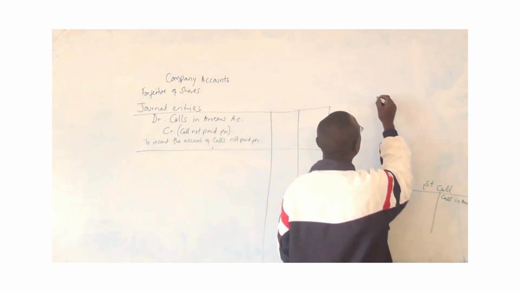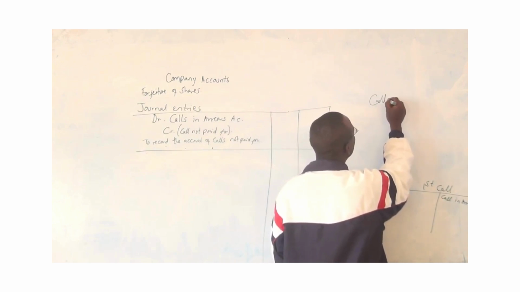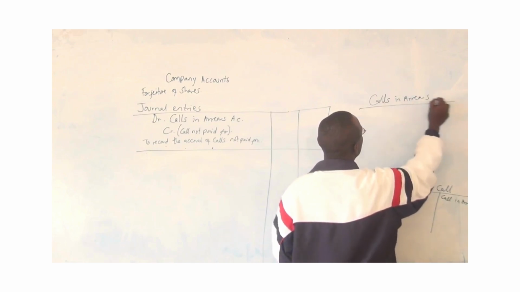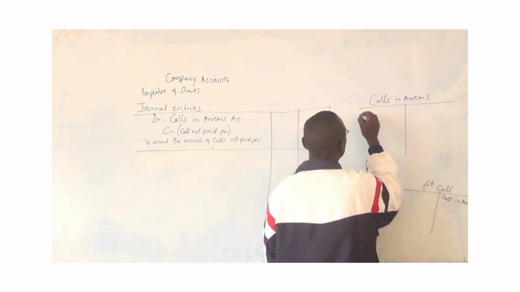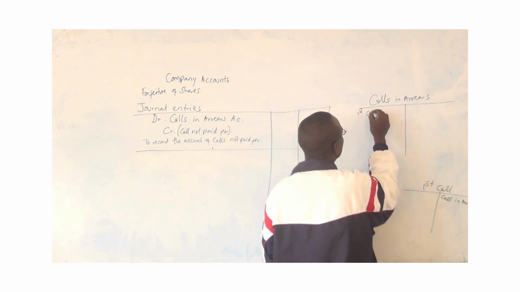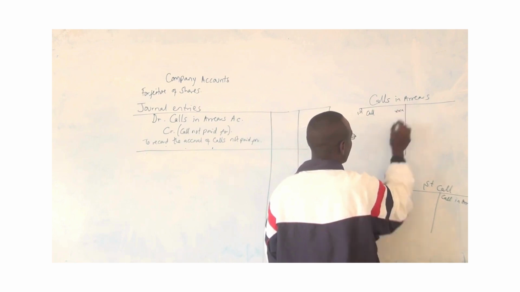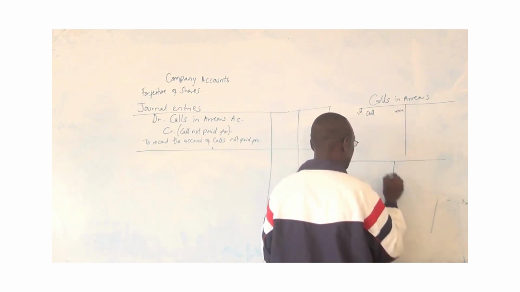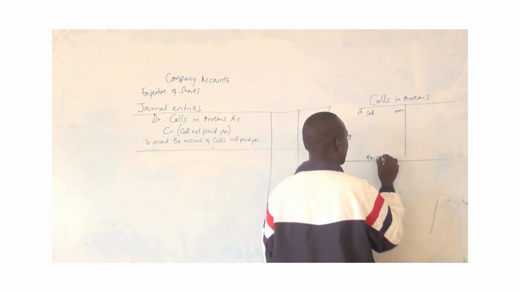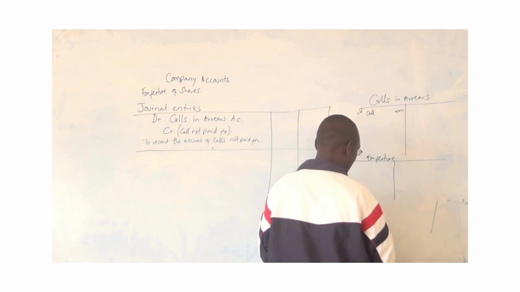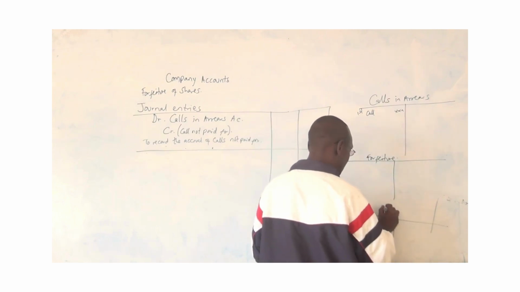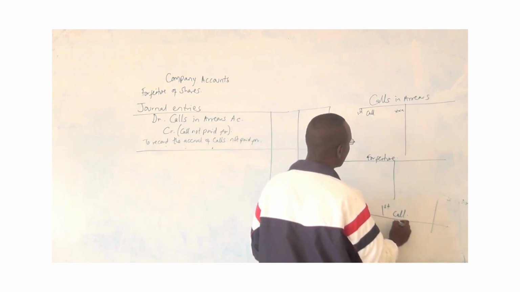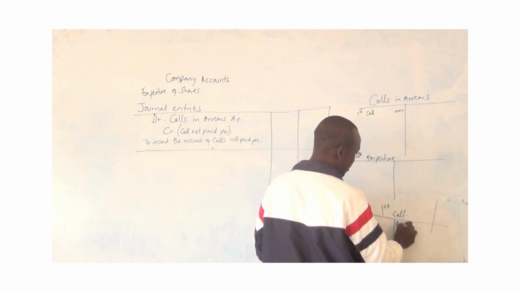We need the calls in arrears account. Then you have the forfeiture account. Then you have the first call. So this one, you have calls in arrears.